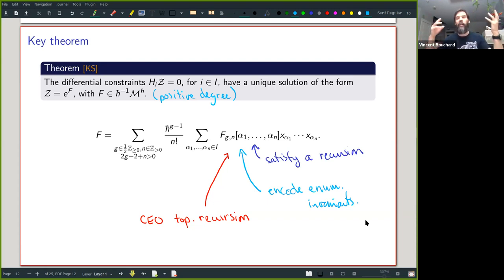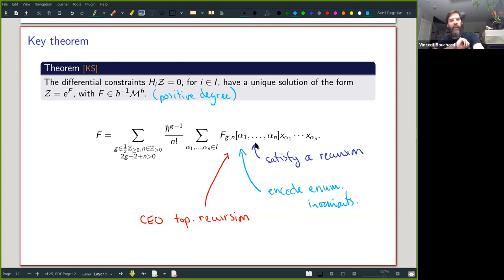Basically, there are a lot of, I don't know if I should say most, but a lot of problems related to moduli space of curves, where you're looking at some enumerative invariants for the moduli space of curves. You can reformulate in a generating series like this, and then it turns out that this is a solution of differential constraints that take the form of an array structure. So this is also the reason why these things are interesting, because these F_{g,n} often have very interesting interpretation.